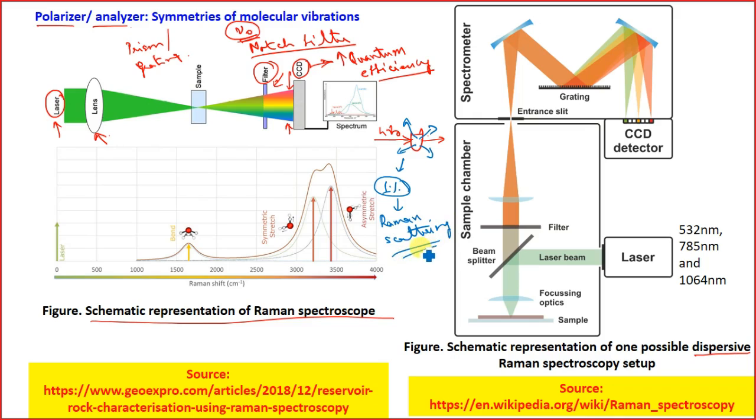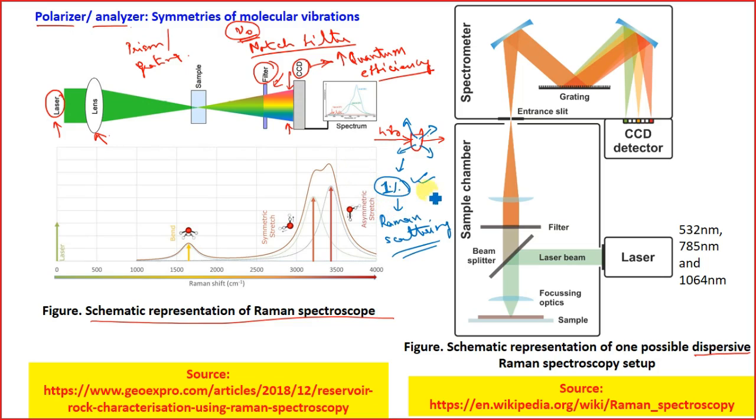Okay, so you can understand that we will have a very small number of photons generated due to the Raman effect.